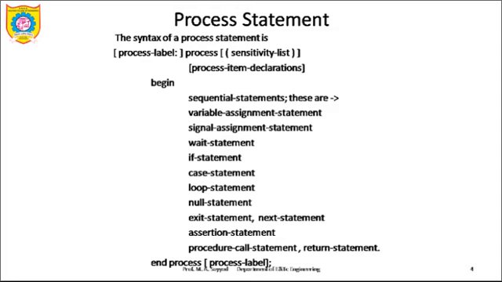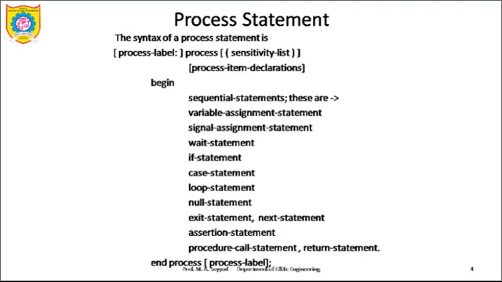The process statement has a syntax similar to that of an architecture. But it has a certain difference: inside it is sequential. Hence in the body of the process statement, whatever you are going to use, all are sequential statements. Means one statement will be executed after another statement.